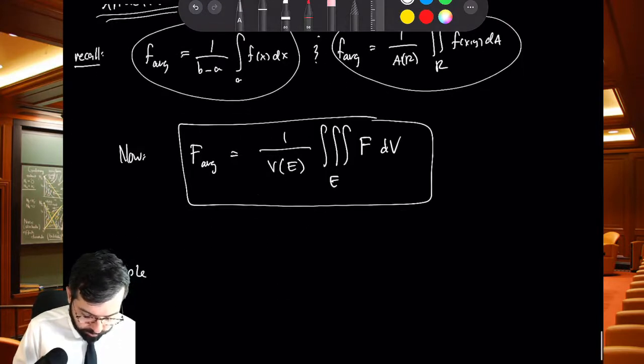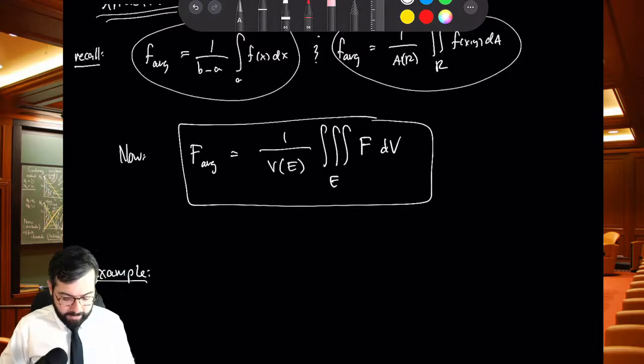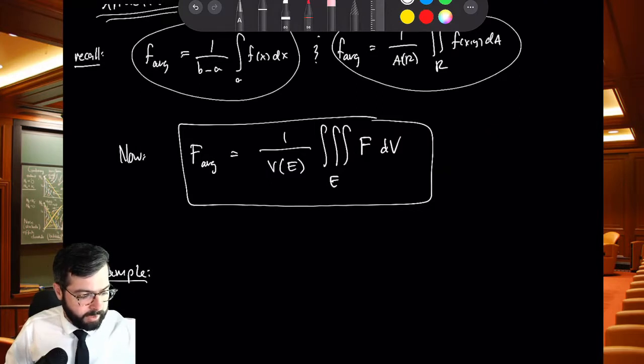So we'll just jump right into an example with this, because I feel like intuitively this makes a lot of sense. So just being able to do it would be nice.